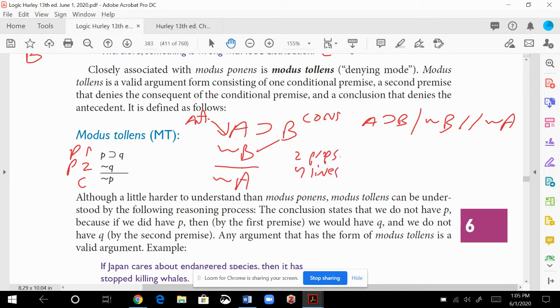You had to do a truth table in the past, to find out, well, why is this valid? You would never have a truth table that shows two true premises and a false conclusion. That just will not happen. That's why this modus tollens is another bulletproof, valid argument.